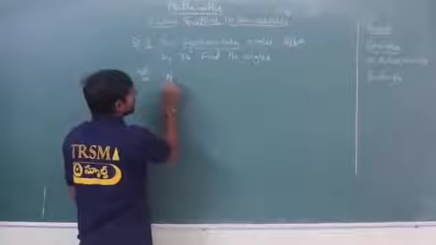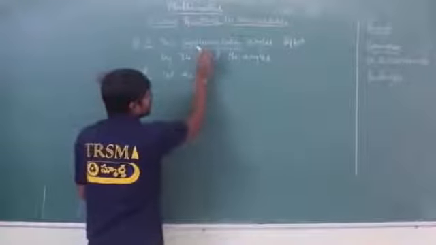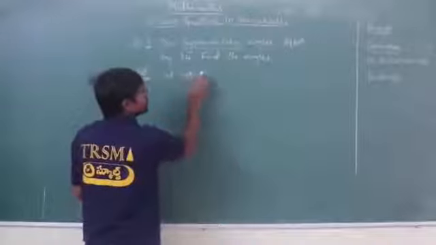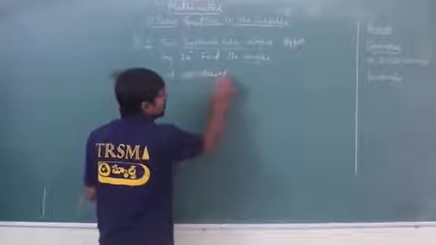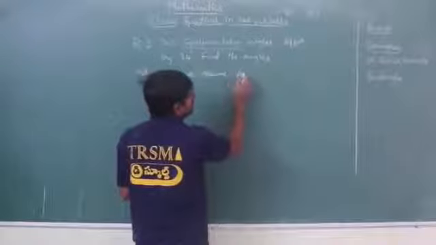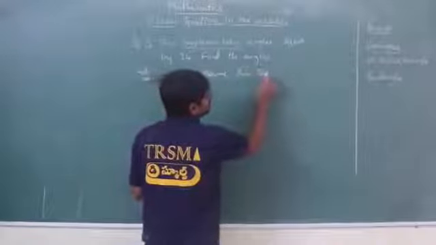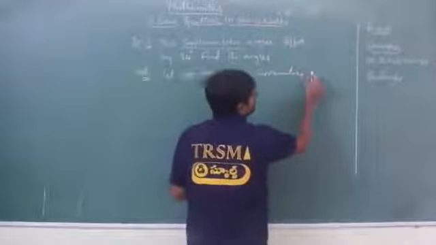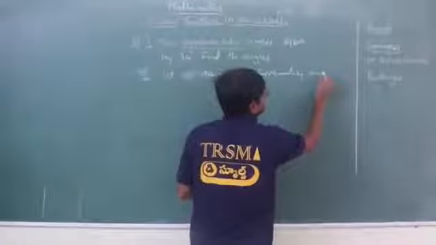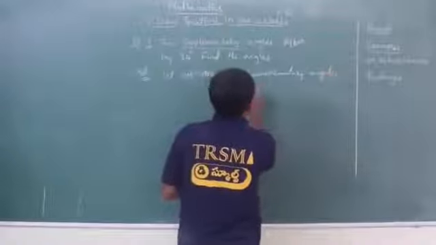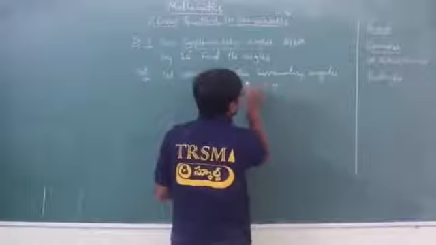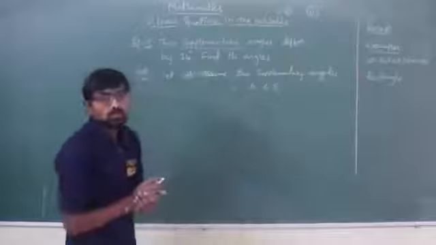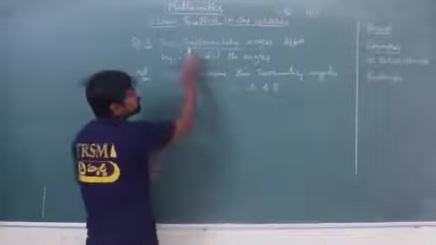We don't know. So let us assume two supplementary angles, A and B. Here we are taking two supplementary angles equal to A and B. What did he give in the question?